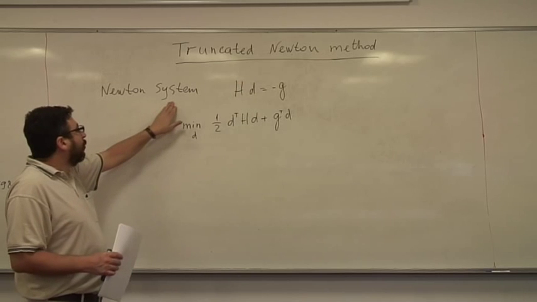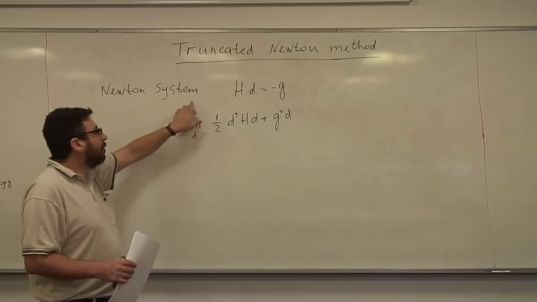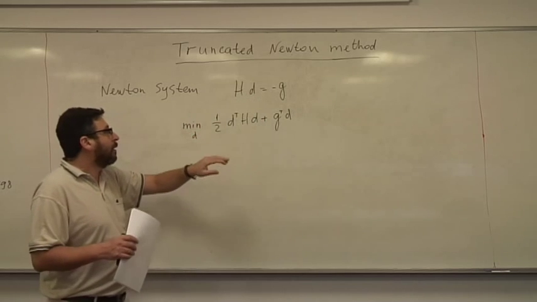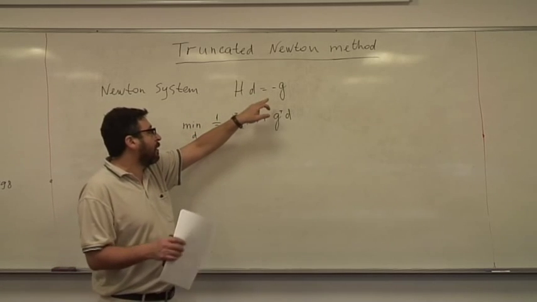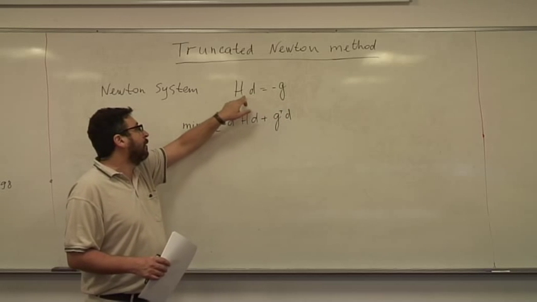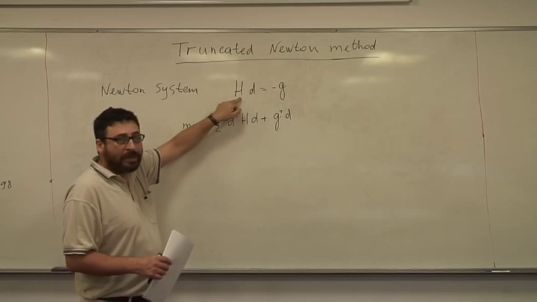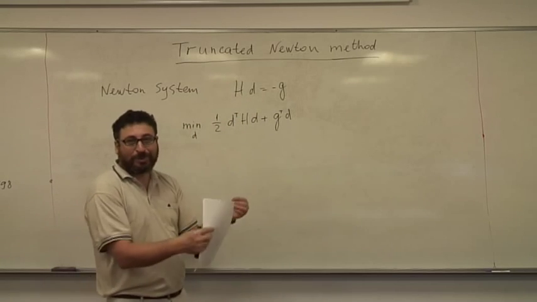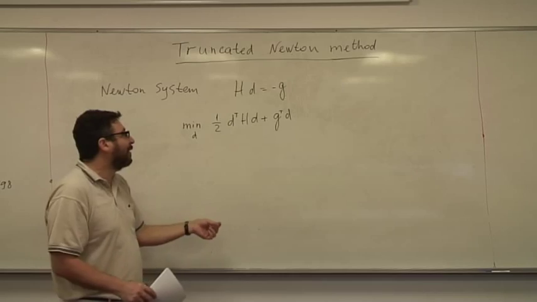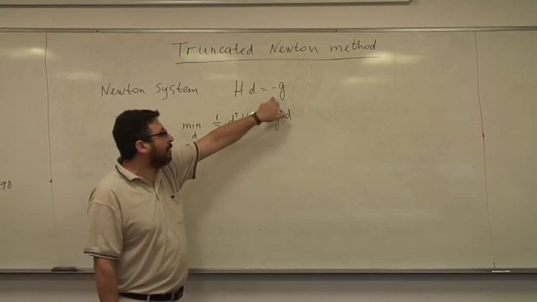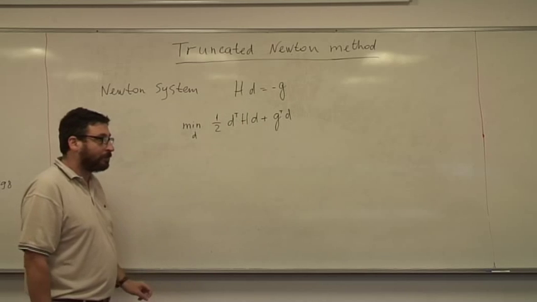In Newton's method, at every iteration, we should solve a Newton system. So we stay at some point, we have a gradient at that point, and we have a Hessian at that point of our nonlinear function which we want to minimize with Newton's method. And the Newton direction is computed as a solution of this linear system.